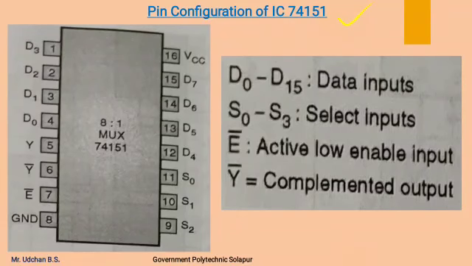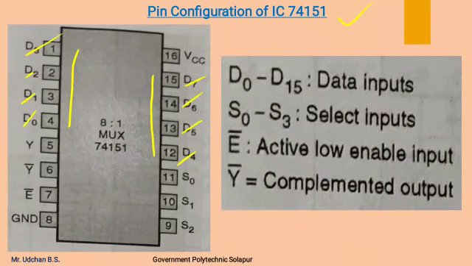It contains 8 inputs at pin numbers 1 to 4 and pin numbers 12 to 15. That is D0, D1, D2, D3, D4, D5, D6, D7. These are the 8 inputs.